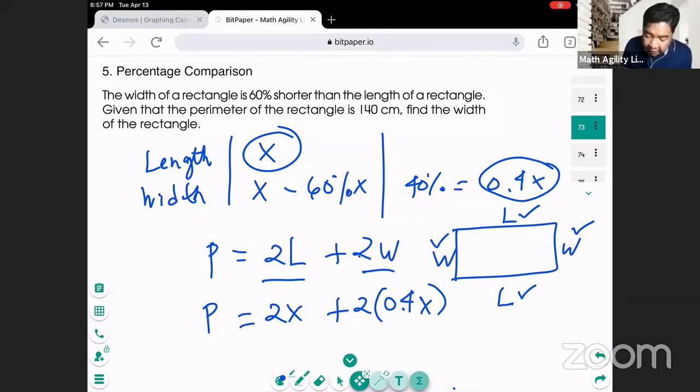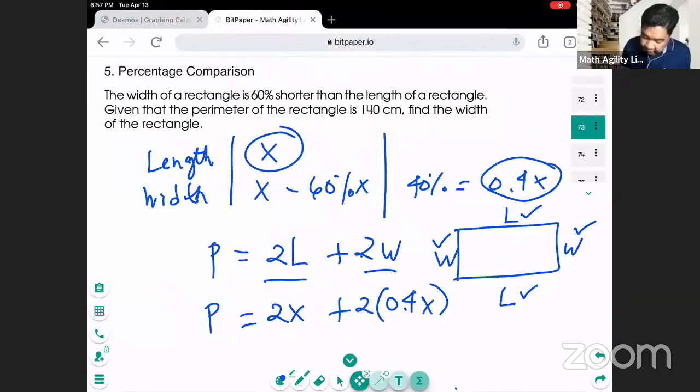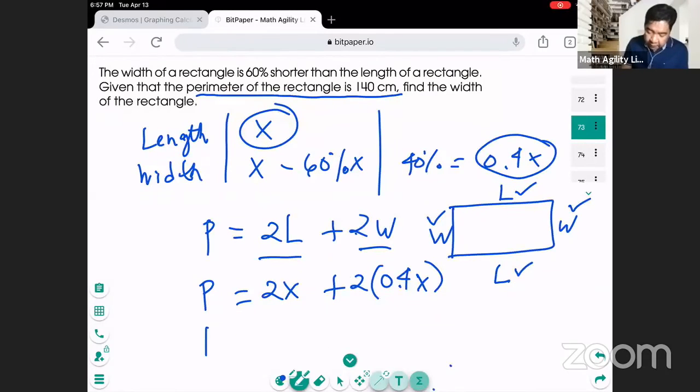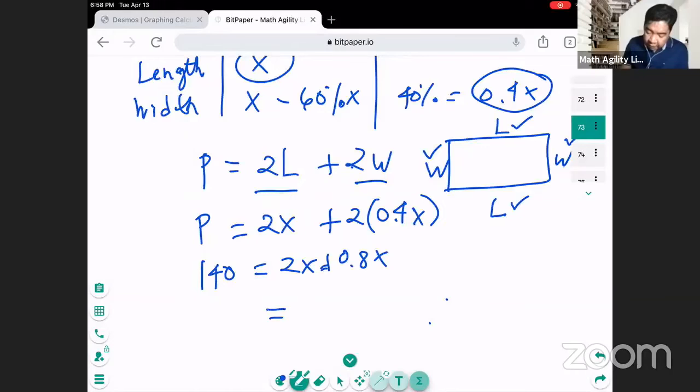The perimeter of the rectangle is given, which is 140 centimeters. So we can equate this from here. So 140 is equal to 2x plus 0.8x. So this is 2.8x equals 140, right?